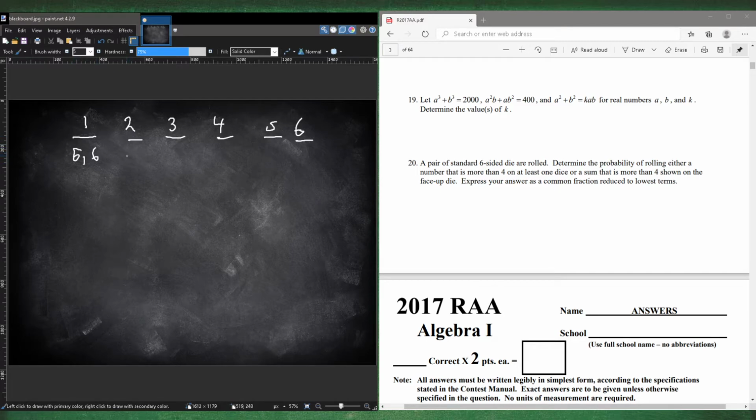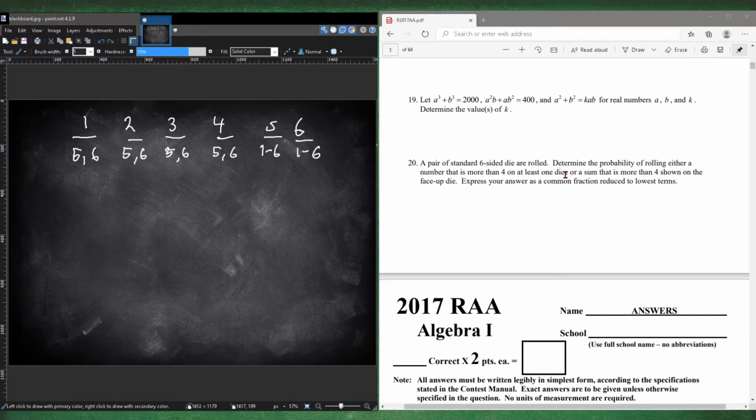If it's 2, there also needs to be a 5 or 6. If it's 3, it's either a 5 or 6. And if it's a 4, it has to be 5 or 6. But if our first die is a 5 or a 6, which is already more than 4 on at least one of them, then the second die could be whatever it wants to be. So it could be 1 through 6.